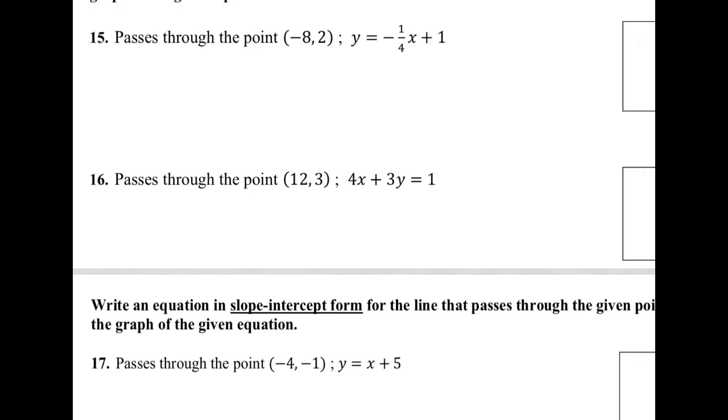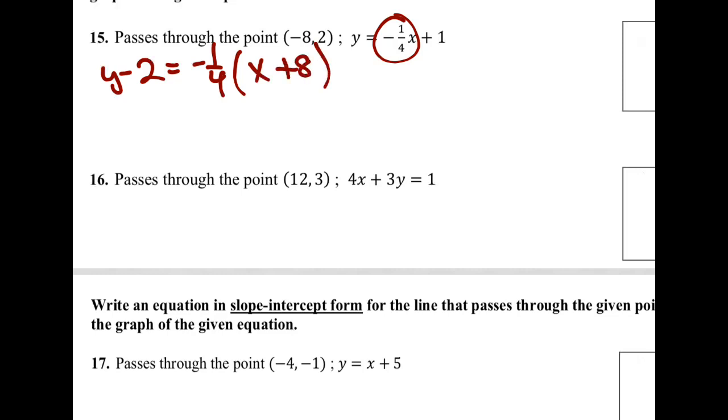This particular graph already gives me my slope, and parallel says same slope. So we're going to go y minus y equals slope times x minus x. Point-slope form, right, we get to simply plug into, but we have to algebraically manipulate to get into slope-intercept form. Okay, so here we go.